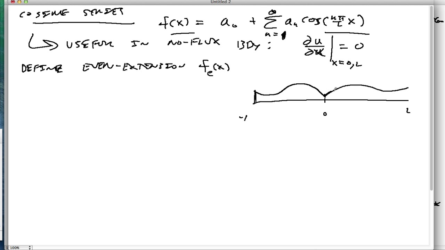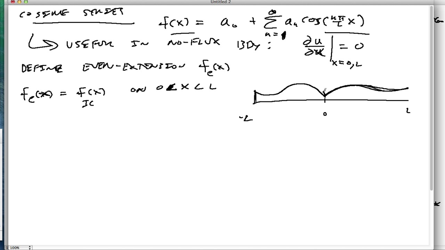Once we have that even extension, Fe is equal to the normal f on the interval 0 to L. So everywhere we need our initial condition, the even extension will cover us.